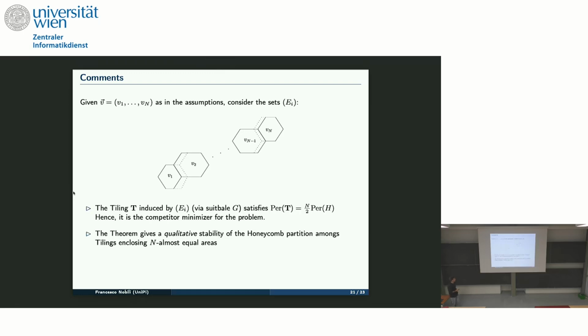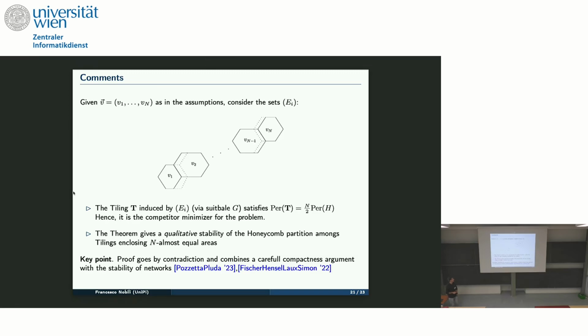And this is what I was saying. It's a competitor, and of course the theorem is qualitative, so it goes by contradiction. And the contradiction is quite delicate, but essentially it relies on compactness argument with some a priori regularity that we have in the plane with stability of network. So the stability of the final object, the regular hexagons at the end.